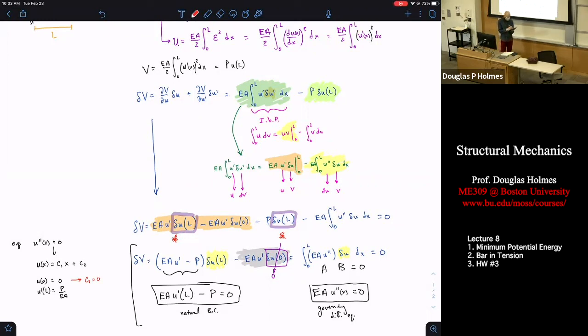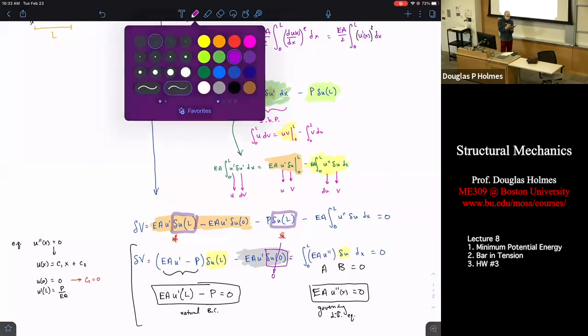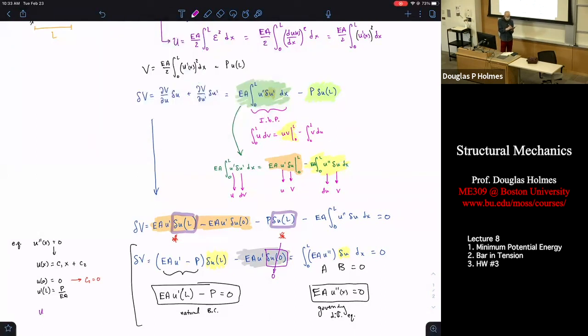The second condition tells us that the displacement of my beam is going to linearly vary with x, depending on the ratio of the force to the stretching rigidity, EA.